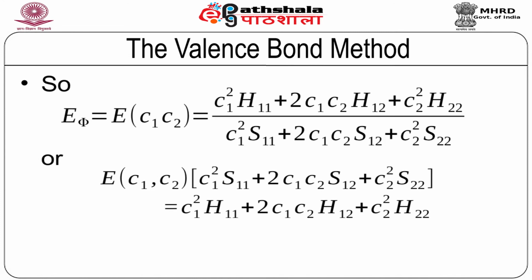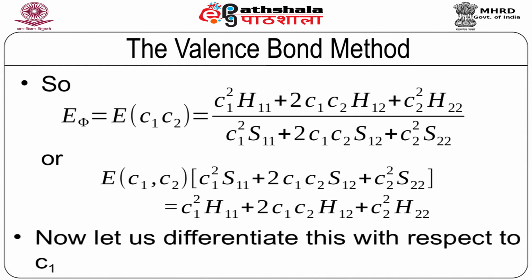Or we can write E of C1, C2 into C1 square S11 plus 2 C1 C2 S12 plus C2 square S22 equals C1 square H11 plus 2 C1 C2 H12 plus C2 square H22.